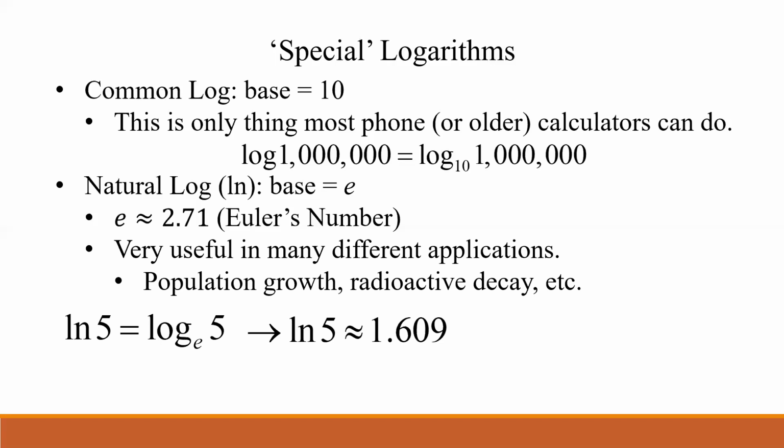And we can do the same kind of definition that we did before. ln 5 is about 1.609. So we could write that as an exponential using the definition. We could say that e to the 1.609 power is about equal to 5. So it's going to be the exact same kind of thing if you see ln or log or what have you.